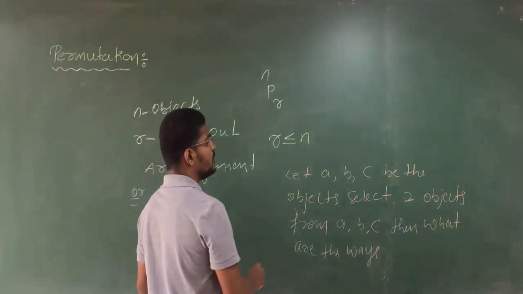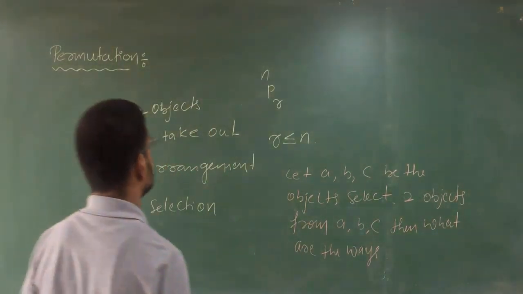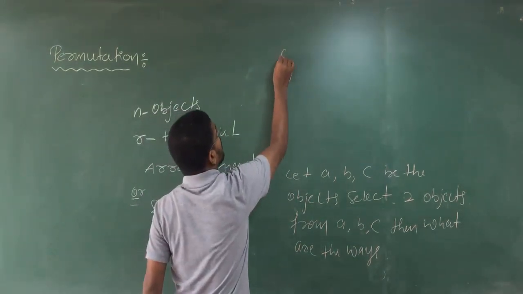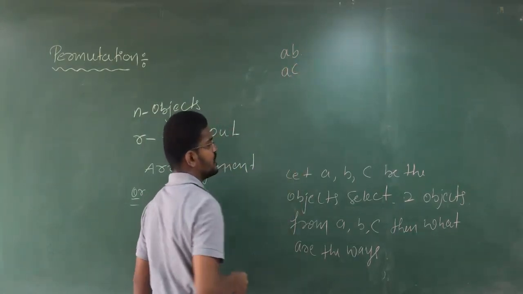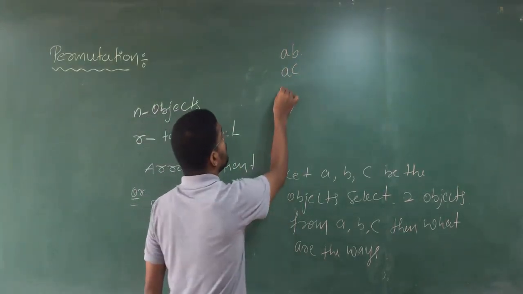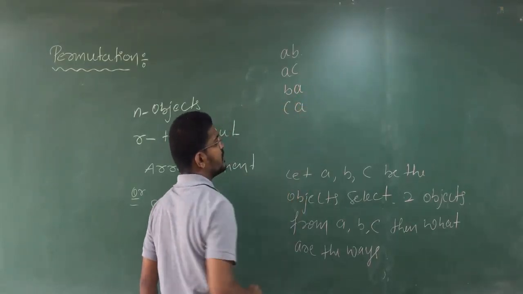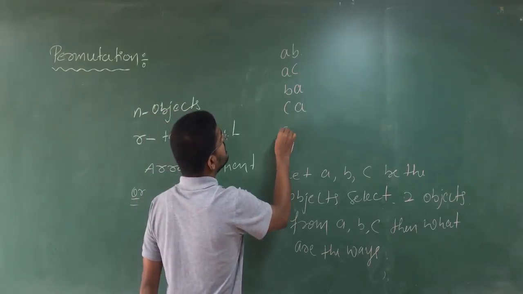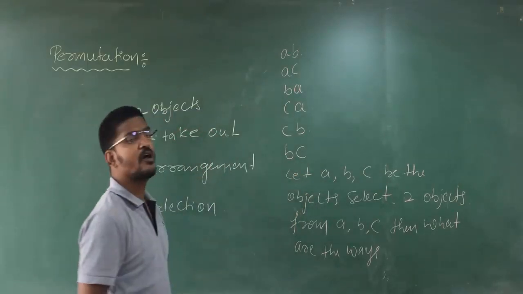So here please see how I will arrange those terms. Clear students? I will take A, B first. I will take A, C next. No problem. I will take B, A first. I will take C, A next. No problem. Now what I will do? I will take C, B first and I will take B, C next. No problem.